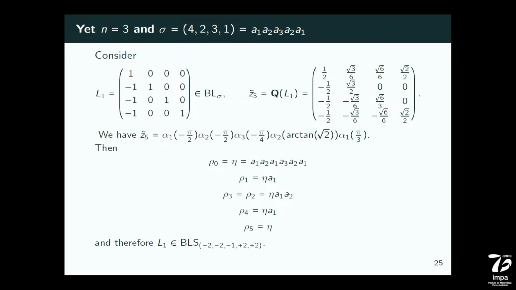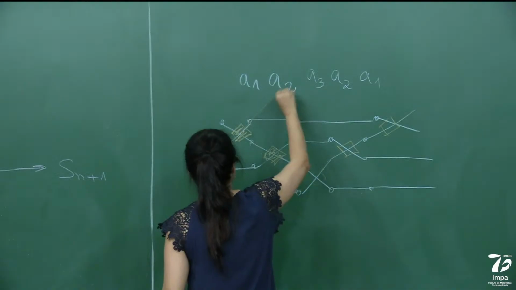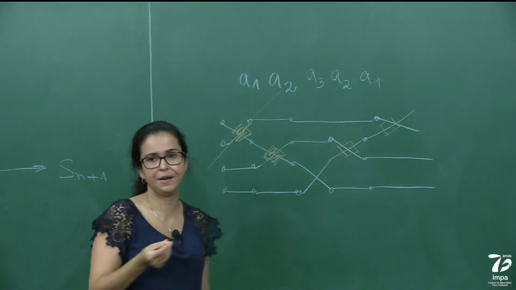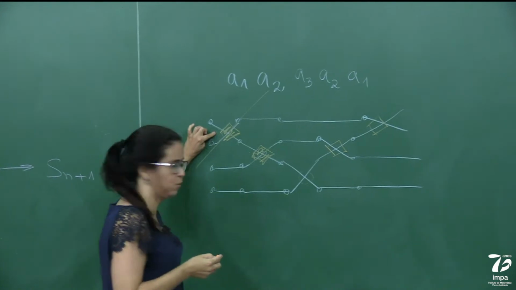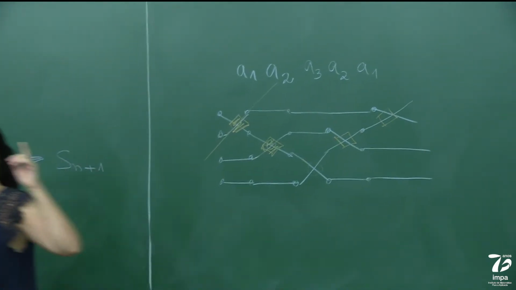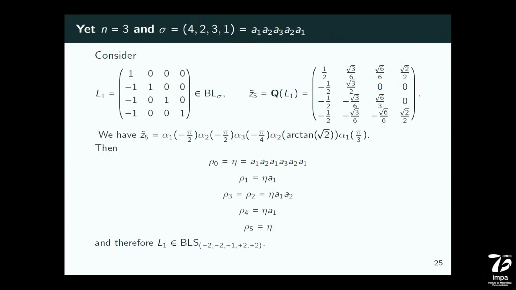In this case, let me start. If I start, rho 0 is eta, I pass here, I take one generator, A1. Then I put the A1, and the number of inversions, rho 1, I think is 5.